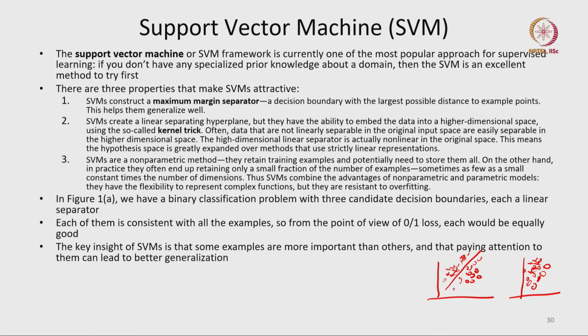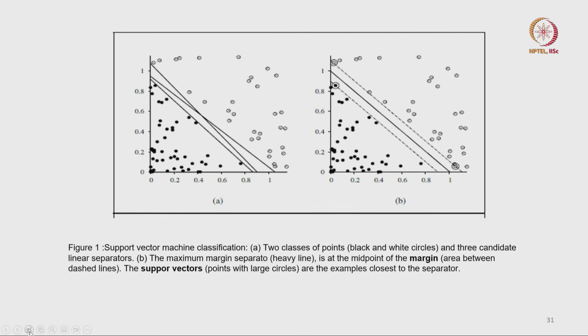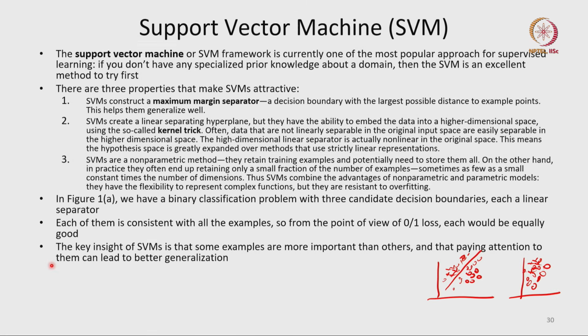So, you do not need to use all the training examples, only those at the boundary. But in spite of it, it is a non-parametric method. Because of that, it is using the advantages of both parametric and non-parametric models.